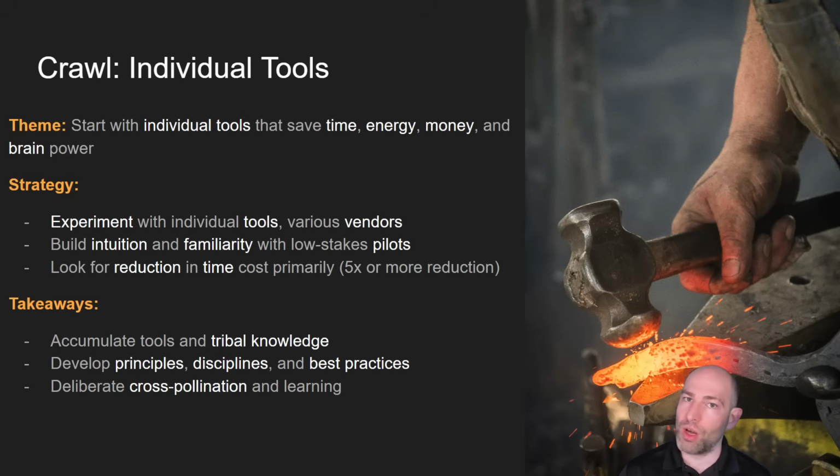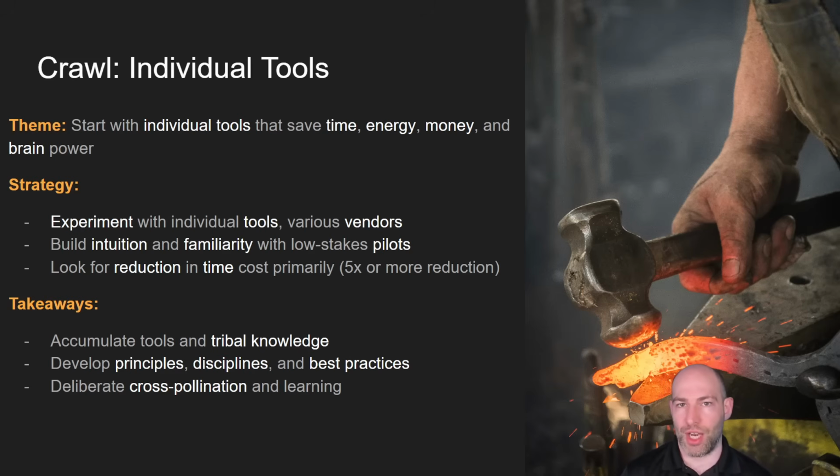And then also you're going to want to support cross-pollination. Because what happens is, especially in larger organizations, you end up with these naturally occurring silos where people just don't talk to each other. In the era of the fourth industrial revolution and AI, you need to deliberately create cross-pollination channels, whether that's hackathons or corporate events or otherwise.